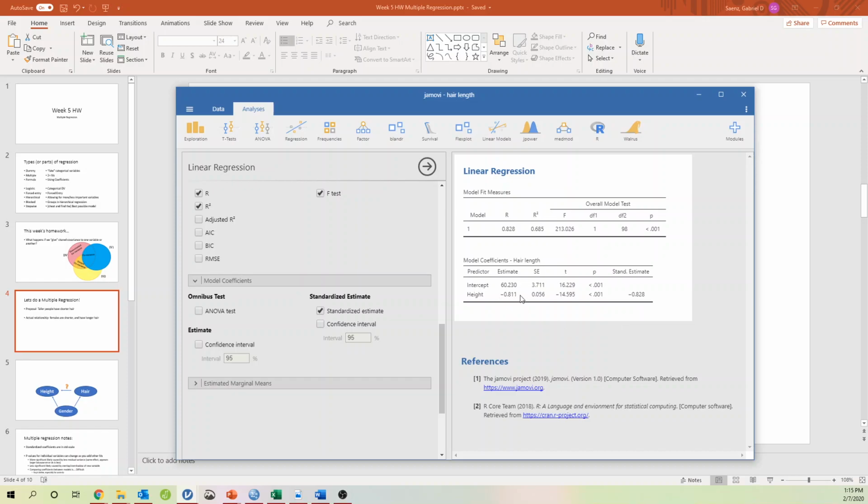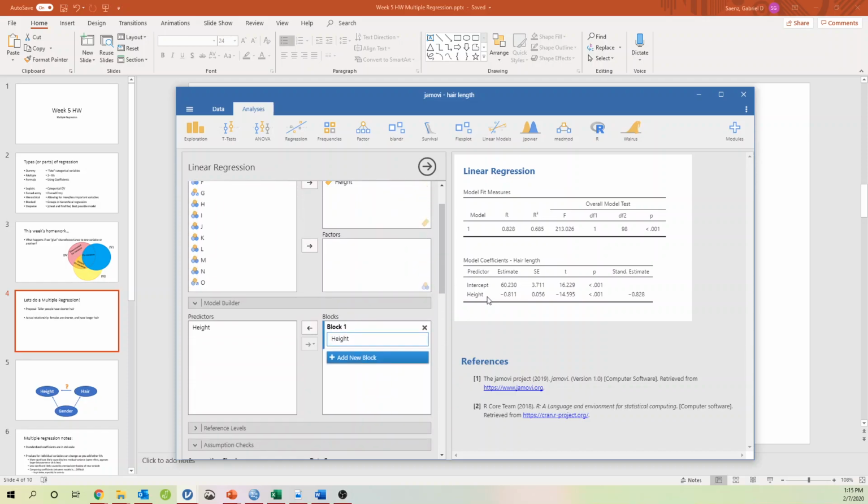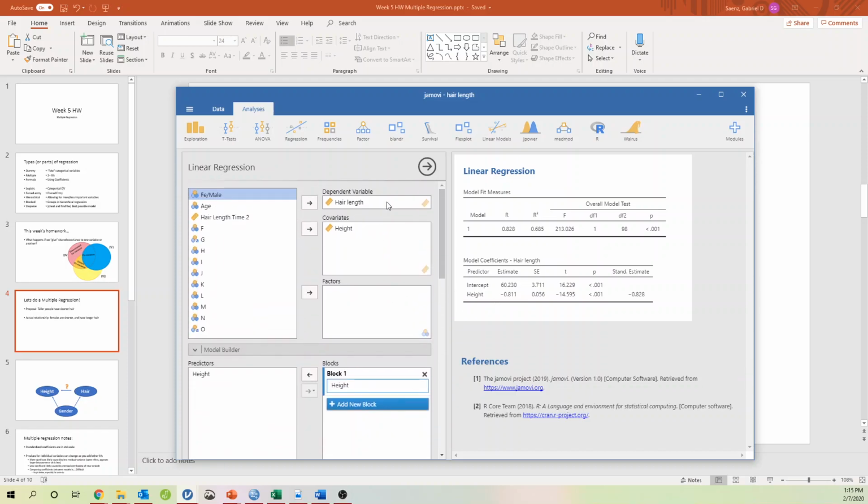This number here is in the scale of the original variables, so inches of height and inches of hair length. This variable is in standard deviations. So what this is telling us is for every 1 standard deviation increase in height, we will get a decrease of 0.8 standard deviations in hair length.